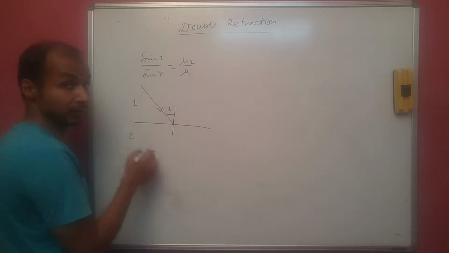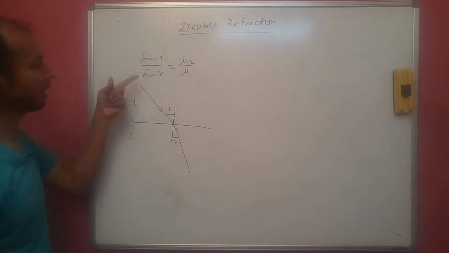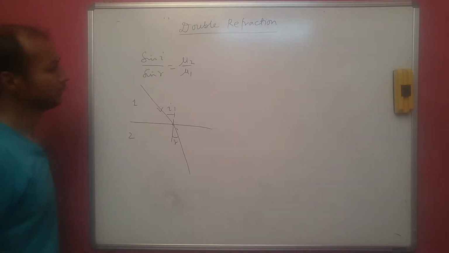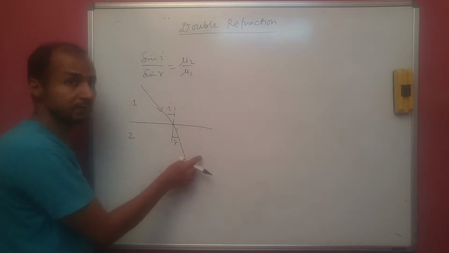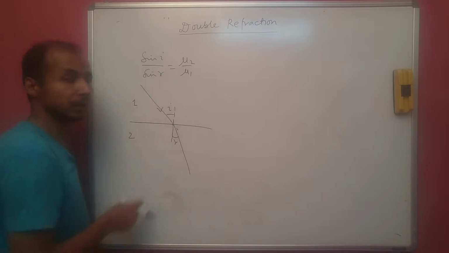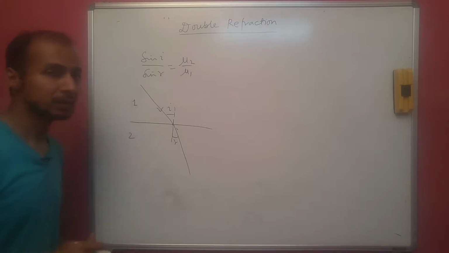Let us say medium 2 is denser, so it bends towards the normal. This is R, so sin I by sin R is mu2 by mu1. Now if you have been given the angle of incidence, and you know the refractive index of the two mediums, you can always calculate the angle of refraction. So that was Snell's law.